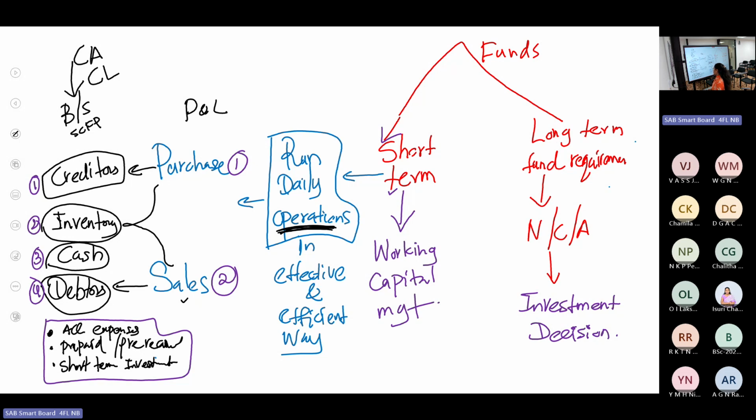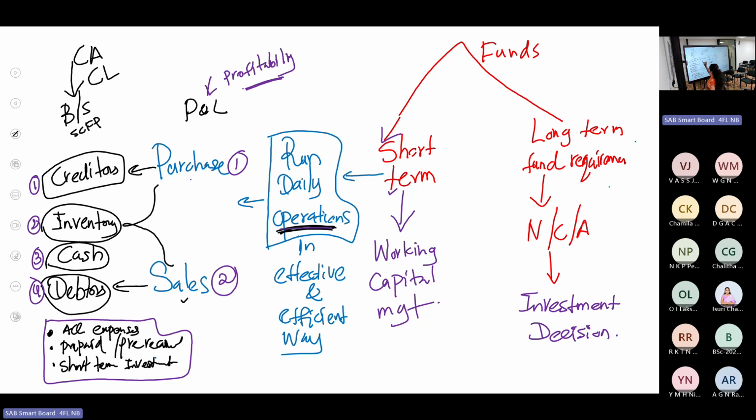Working capital management. So why do companies need to handle the current assets and current liabilities? Because these factors are directly linked with the company's profitability. The daily operations which are shown through the income statement are directly linked with profitability, isn't it?